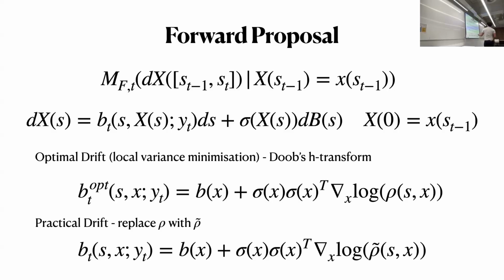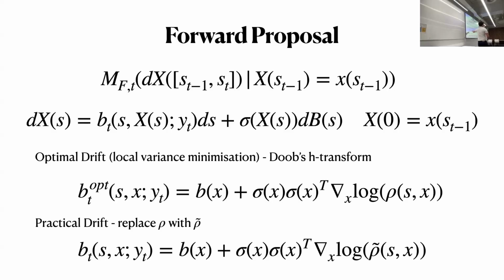So we have this optimality result that we can use to help us actually pick something in practice. We can show via Doob's h-transform that we can minimize the local variance of our weights in our path-valued particle filter if we use this choice of drift function, which involves this score term, which involves this rho function, and this rho function involves the transition density of the signal process, and therefore we don't actually have access to this thing.